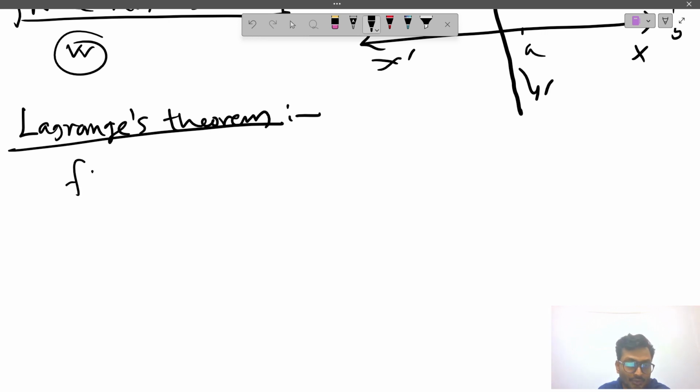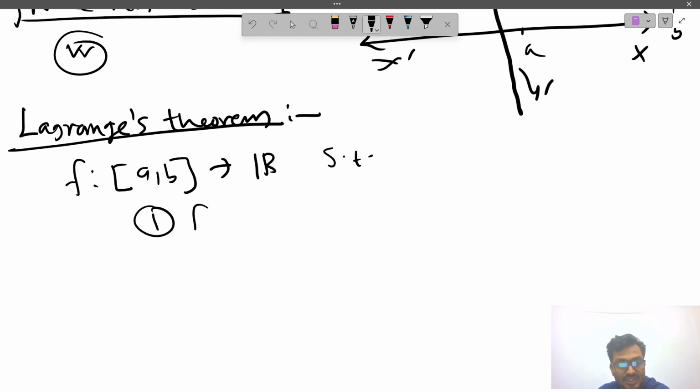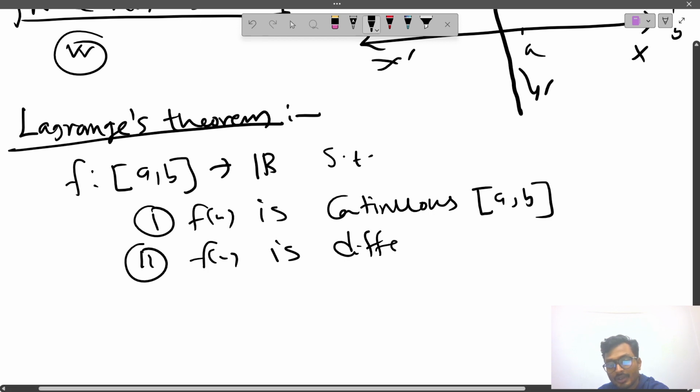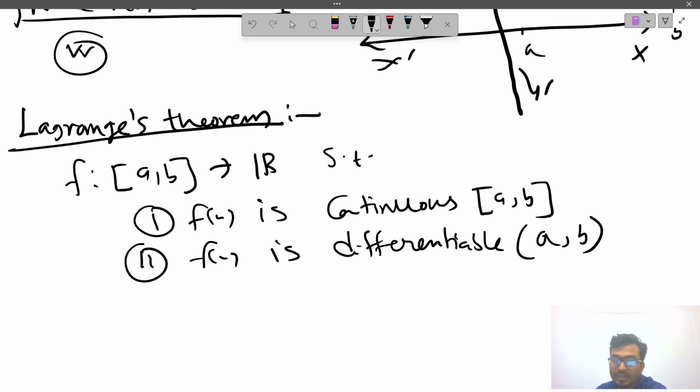Suppose f is a function from [a, b] to R, where R is the real numbers, such that the first condition is f(x) is continuous on the closed interval [a, b]. Second, f(x) is differentiable on the open interval (a, b).